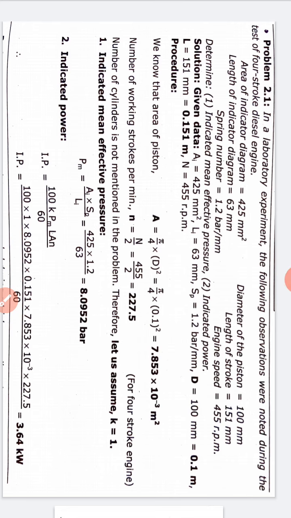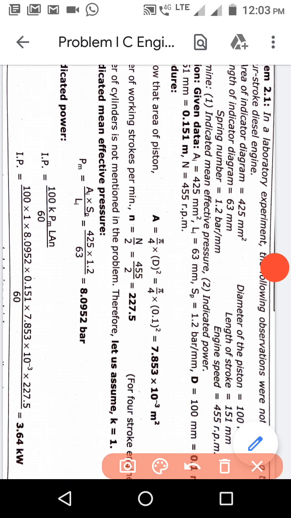We have already discussed calculating the indicated power by using the indicator diagram. In the indicator diagram, we have used the spring constant, area of the indicator diagram, and length of the indicator diagram. For calculating the mean effective pressure, we have used the formula Pm is equal to Ai divided by Li into Sp.